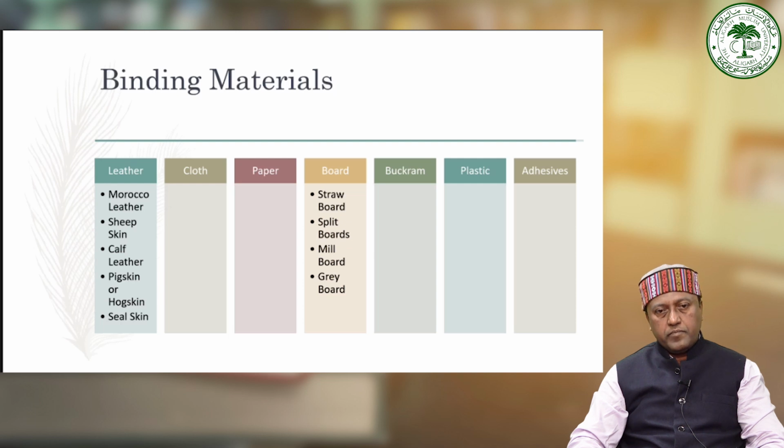The second quality of board is a split board. Split boards are used for reinforced library binding, providing extra strength and support to the book's spine. And these boards are typically made by gluing together thin black millboard and thick straw board. The two types of boards are mixed here. One is mill board and the second is the straw board.